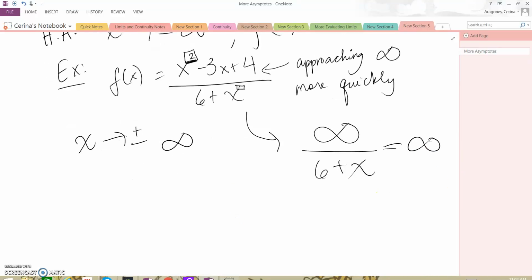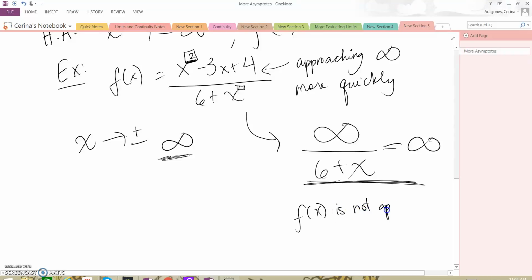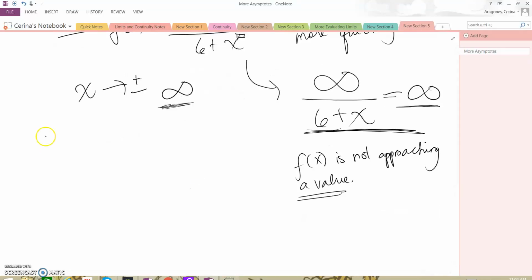So for a function that has a higher degree numerator than the denominator, as our x grows to infinity, our y values grow to infinity. So f of x is not approaching a value. It's growing. It's just growing until it reaches infinity.